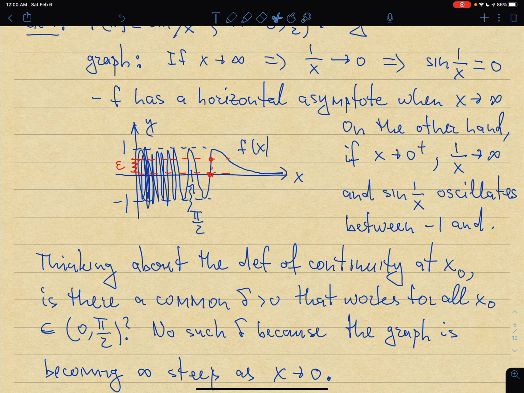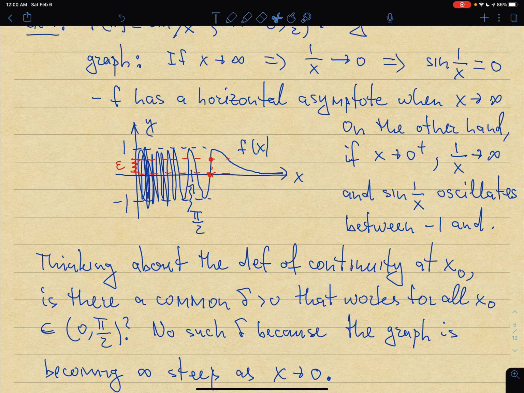If n is equal to 0, we have just pi over 2, and sine of pi over 2 is 1. If n is equal to 1, we have sine of 3 pi over 2, that's -1. And so this sequence is going to oscillate between plus and -1, so this should be (-1) to the power n, because if n is 0, (-1) to the 0 is 1, if n is 1, (-1) to 1 is -1, and so on.